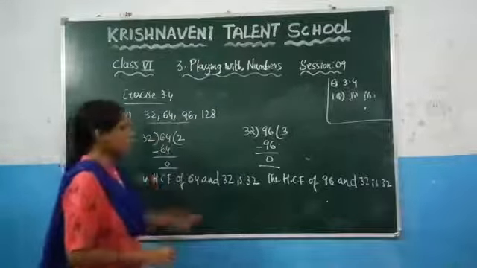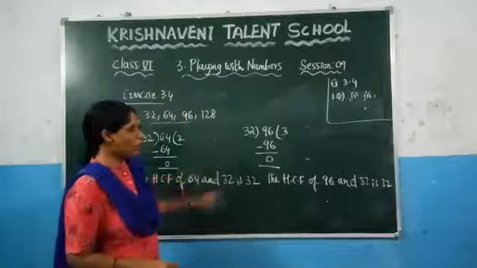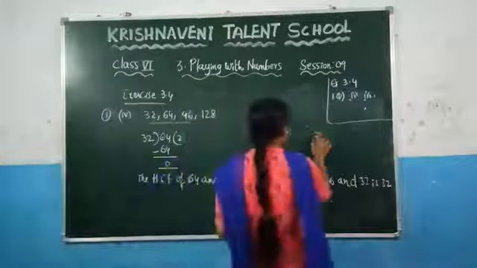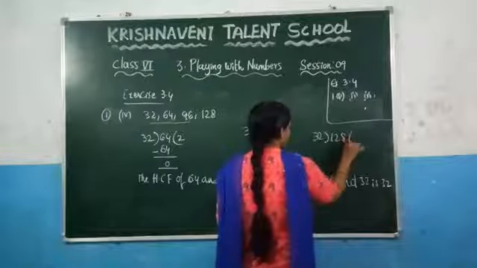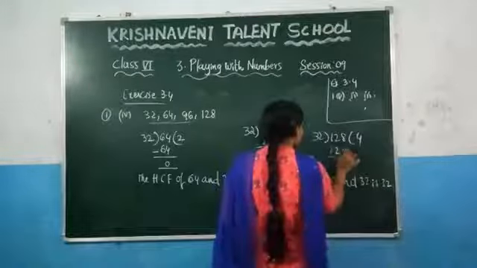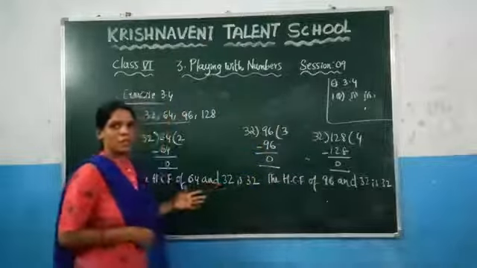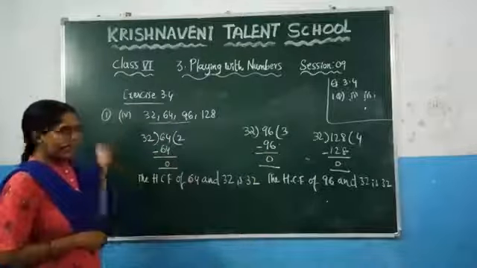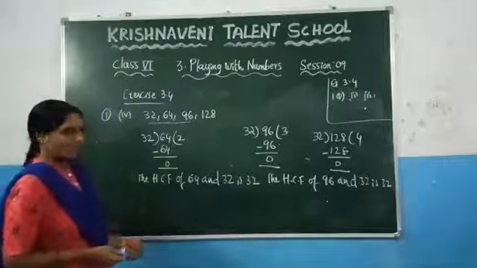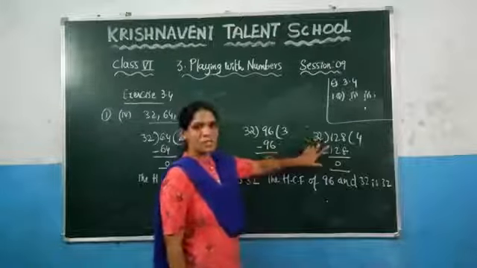Now you need to find the HCF of 32 and the last number, which is 128. So do it here, 32 and 128. Here you are getting the result as 0. So at last, after finding for all the numbers using the continued division method, we got the HCF, which is the last divisor in this case, which is 32.